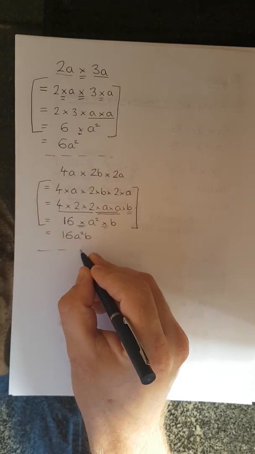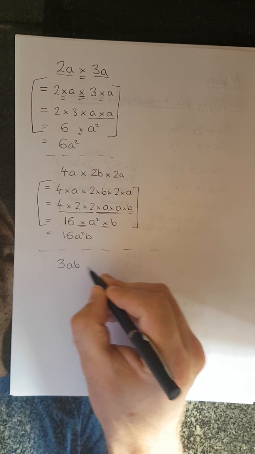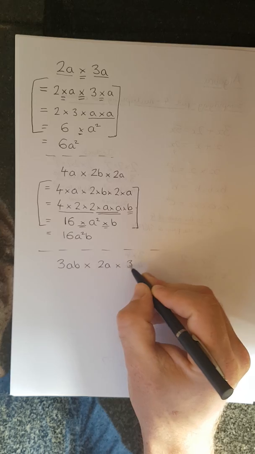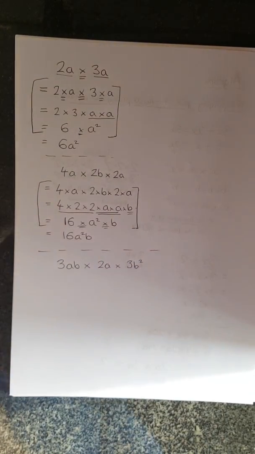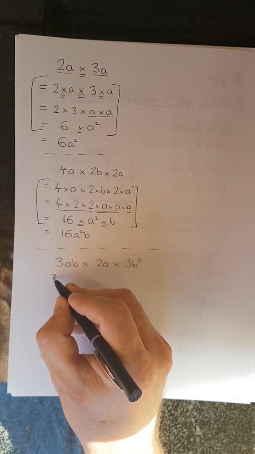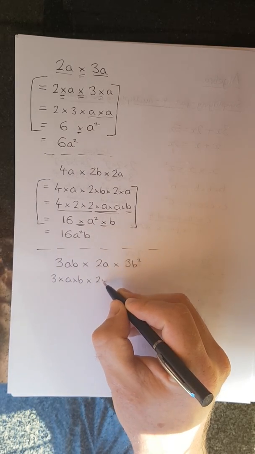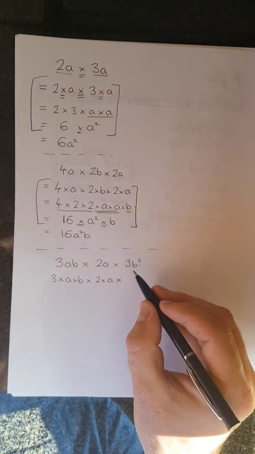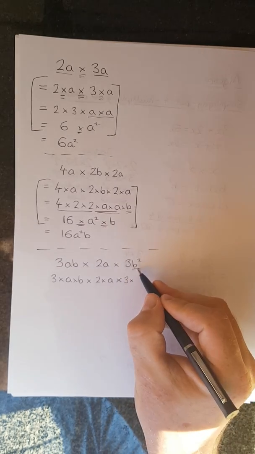Now, I don't want to cover the whole of indices here, but I'm going to do one slightly harder question. So, 3 times a times b times 2 times a multiplied by what? So that's 3. And what's this?